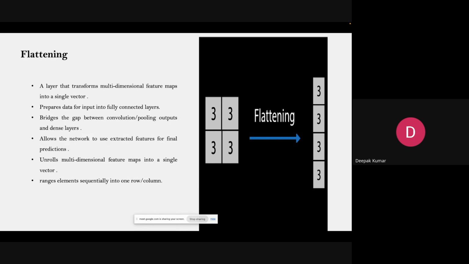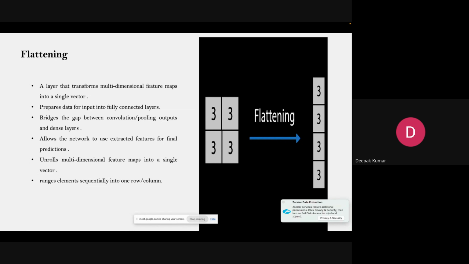Flatten is nothing but whatever output we get after applying the pooling, right? Initially we are using the CNN, now we are trying to convert into the ANN, and everyone is aware of the ANN. The output we get is 2 by 2, or it could be 250 by 250, or 128 by 128. I usually take powers of 2, 2 to the power n, because features and everything are considered in 2 to the power n.